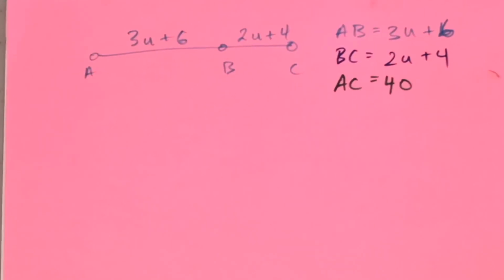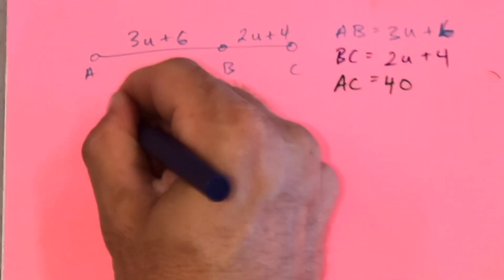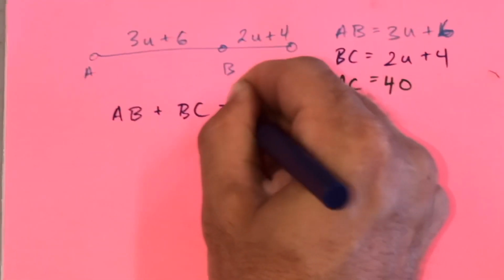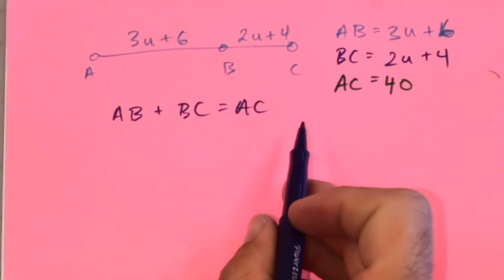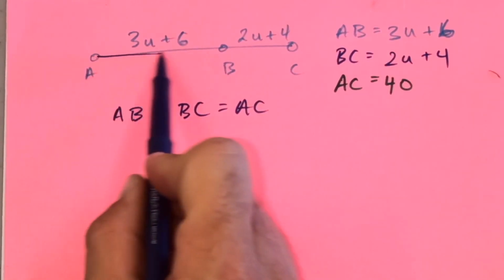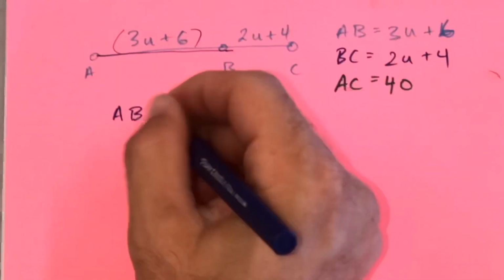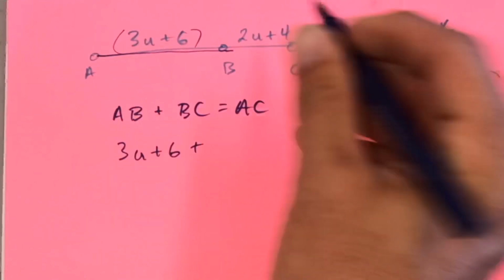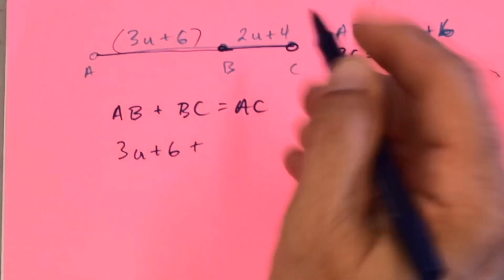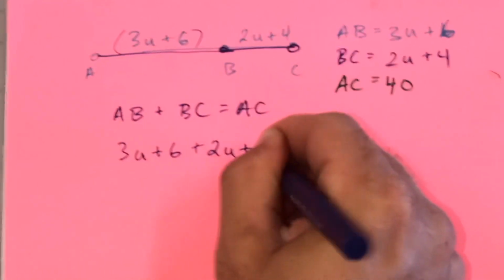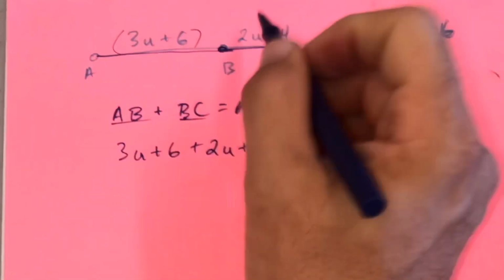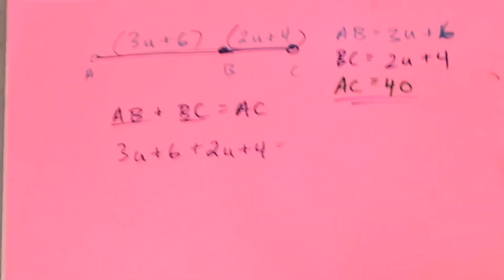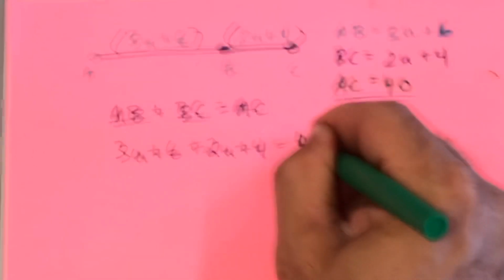Now, using the segment addition postulate, you know that AB plus BC is equal to AC. So this is really where it comes into play, because I can substitute this 3u plus 6 for my AB, and this 2u plus 4 for my BC. And then I know that AC equals 40.